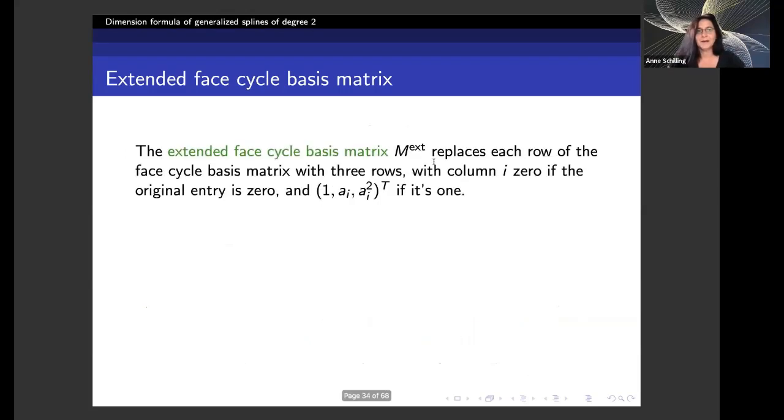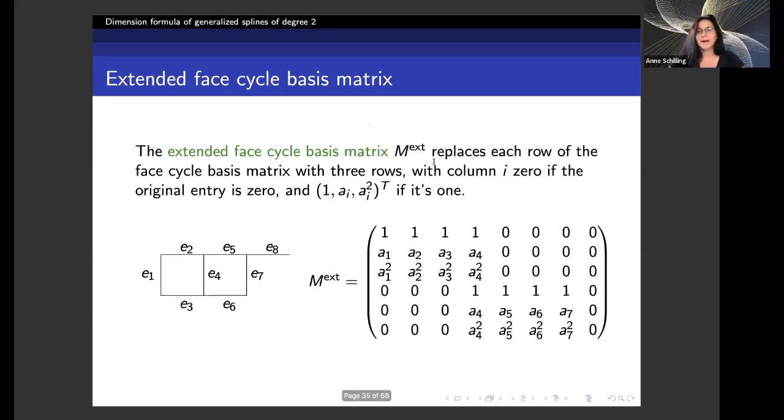Okay, and we can capture that in a matrix. Namely, take that face cycle matrix that I had before, where every row corresponded to a given face. I'm now expanding that because every face now has 3 conditions. So row 1 is the 1, 1, 1, 1, 0, 0, and then the linear condition, that a linear combination of the a_i has to add up to 0, is captured in the second row.